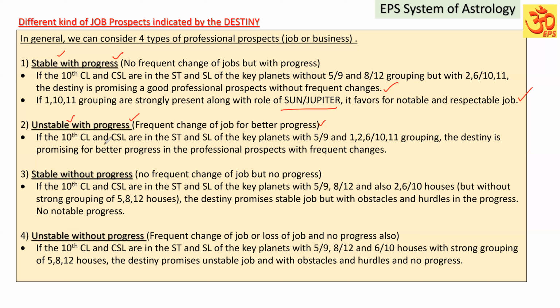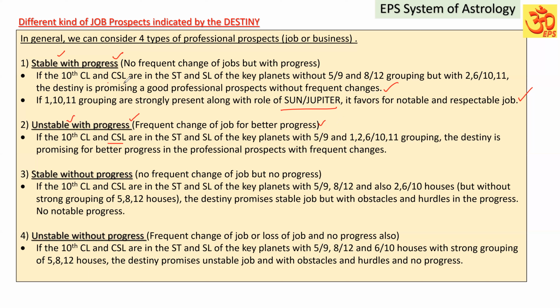If the 10th cuspal lord and sublord are in the star, especially the sublord, so please focus on the cuspal sublord, in the star and sub of the key planets with 5 and 9, or 5 or 9, and also favorable grouping, the destiny is promising better progress in the professional prospect with frequent changes.